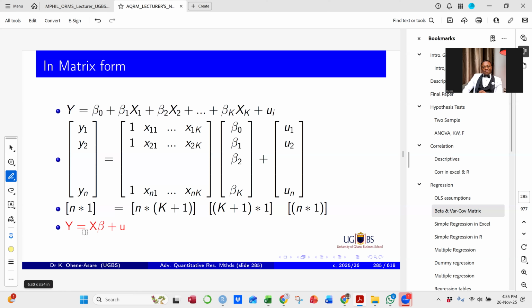So when you see y equals X beta plus u, this y is representing the whole of this y. This X is representing multiple independent variables, all of them from the first observation to the last observation. And then the beta parameter will represent the coefficient for each of these columns. And then the u will represent the error term.